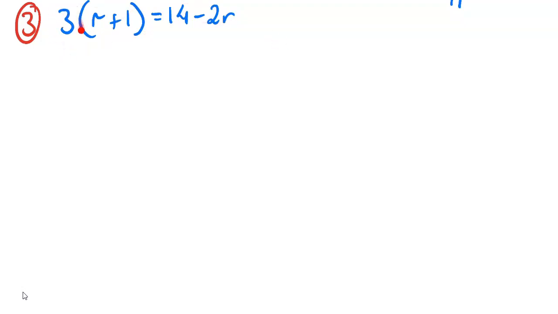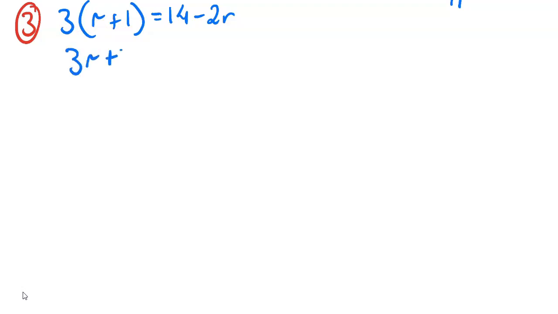Now, obviously, I could divide both sides by 3, but that would actually be a little bit complicated over here, wouldn't it? I'd end up with a couple of fractions, so that would make my life a little bit complicated. So I'm going to expand these brackets first.